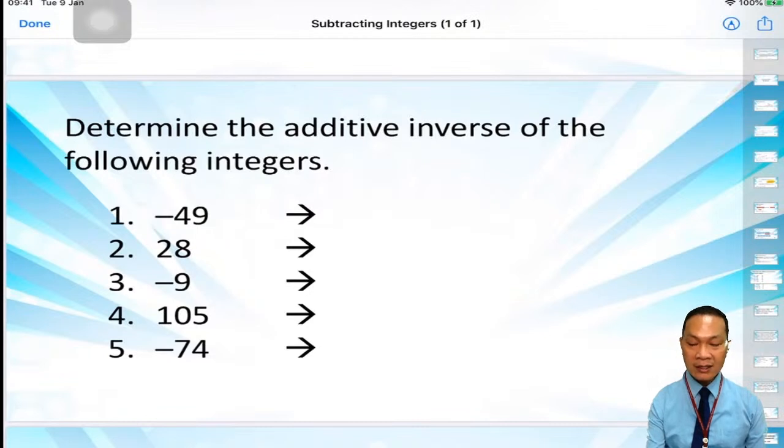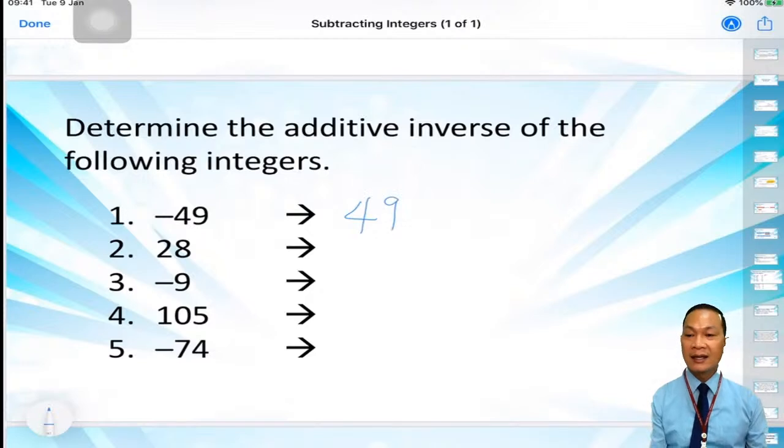Number 1 is 49. Number 2, what's the additive inverse of 28? It is negative 28.